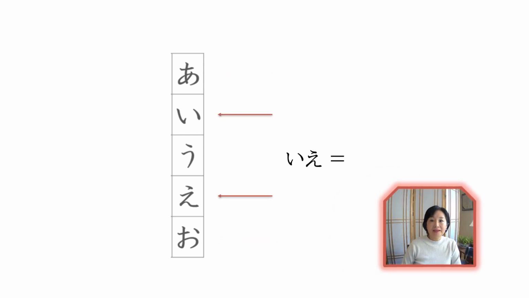We can actually make many words using these 5 vowels. Let me choose these 2 letters. Now, can you read them? Yes, ao, and it means blue. How about these 2? 読んでください。ie, and it means house.